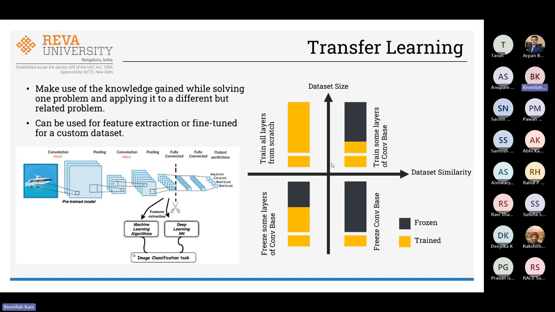Now in the bottom right, we basically have a small dataset and high dataset similarity. In that case, what you can do is freeze all of those initial layers and fine tune only the final layers. But let's say you have a completely dissimilar domain and you also have a sufficient dataset, a huge dataset, probably it makes sense to train it from scratch.